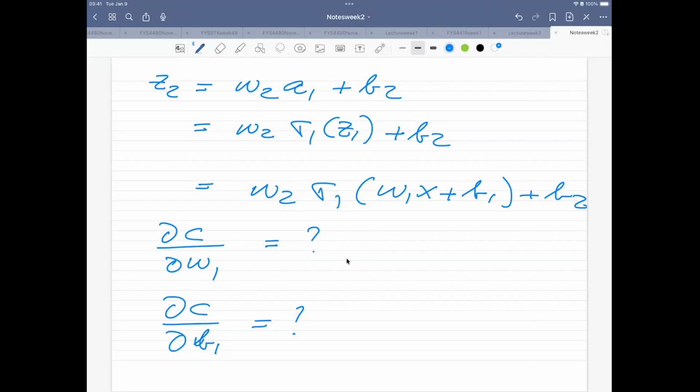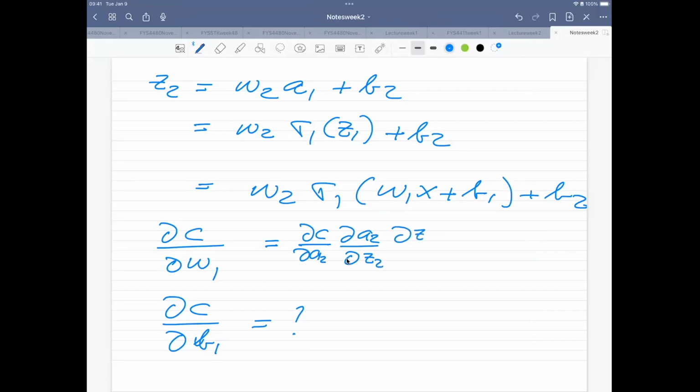So if we now look at the expression for the first parameter, we can set up the chain rule again. We know that this will be dC over dA2, that's the endpoint. If you look at the equations above, you see immediately that these are the expressions we need to think of when dealing with the chain rule.